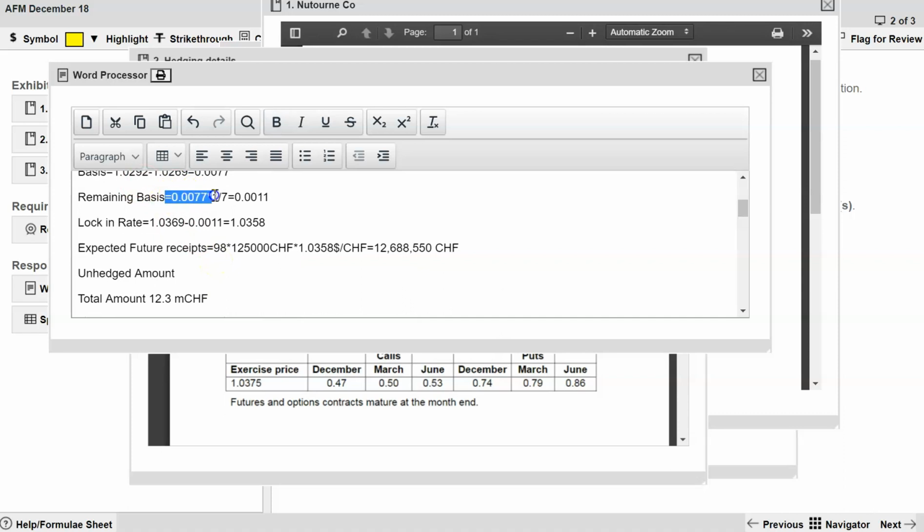But what if this basis does not move in my expected way, and if at the time of maturity, if there are more unexpired bases, so this lock-in rate will be not equal to 1.0358 and my expected receipt will be different. So remember this point whenever you want to write about the theoretical points about the future contract. One point will always be there.